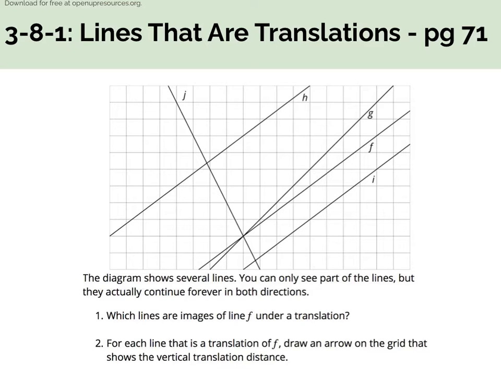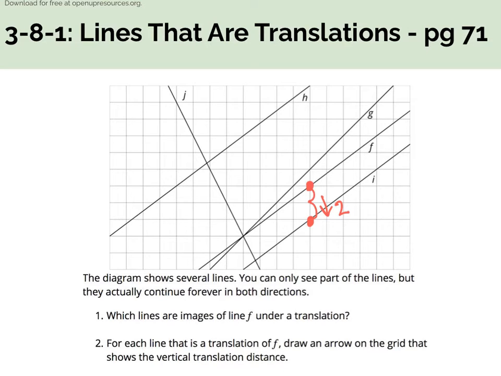What I'm going to do is pick a point on line I, and then see how far it goes up. Actually, technically from F to I, we're going to go 1, 2, so 2 downward.